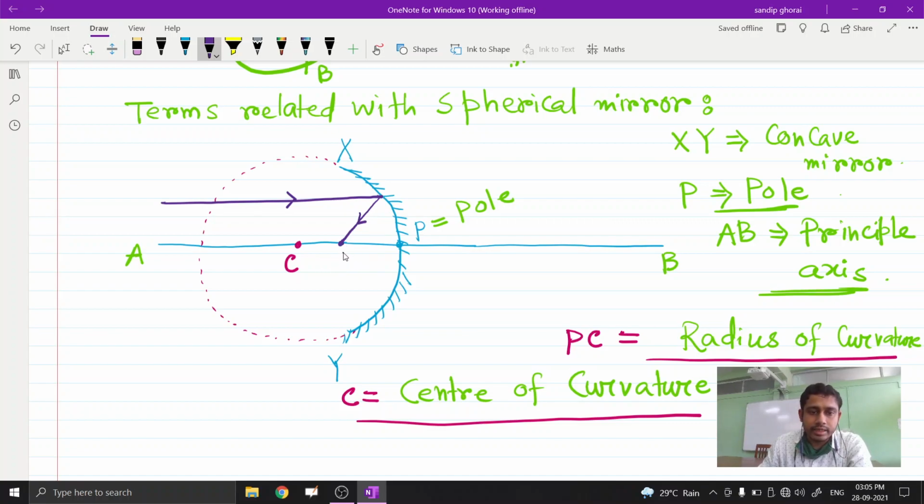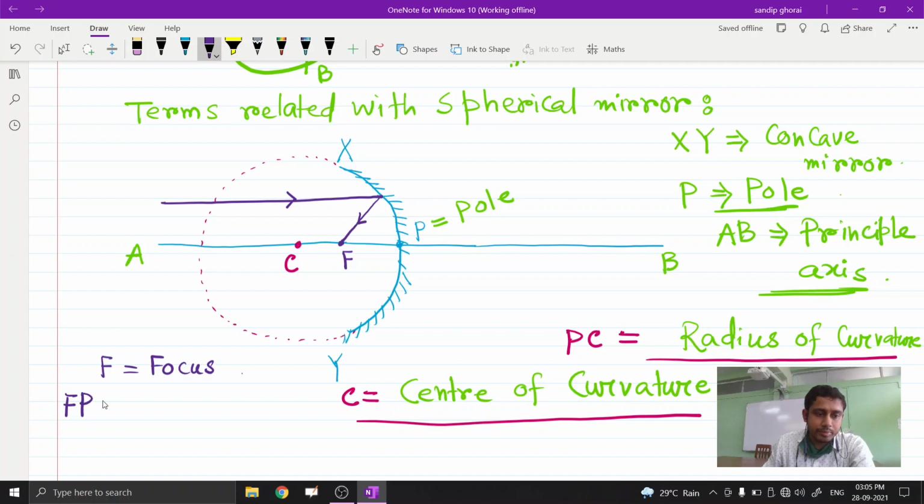That point is defined as F, and F is called focus. So what is the definition of focus? When incident light parallel to the principal axis is incident on a concave mirror, then after reflection they meet at a point on the principal axis. That point is called focus, and the distance between focus and pole is called focal length.